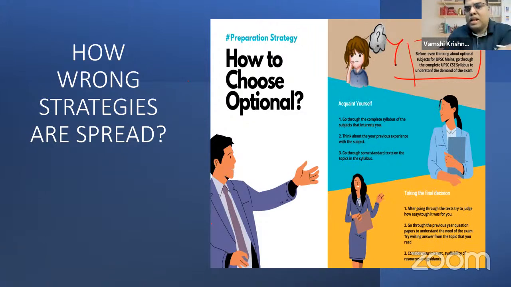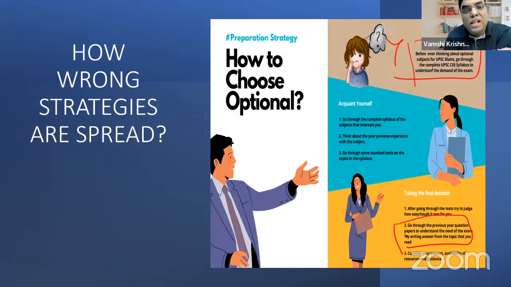The second thing is go through the complete syllabus of the subjects that interest you. Think about your previous experiences with the subject, go through some standard texts on the topic, then go through previous year's question papers and understand the need. Consider your interest, availability of resources and guidance.